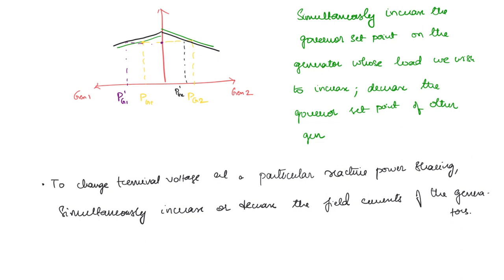Okay. So if you increase both the generators' field currents simultaneously, the terminal voltage will increase, and if you decrease simultaneously, then the terminal voltage will decrease. Okay, just like the frequency adjustment.